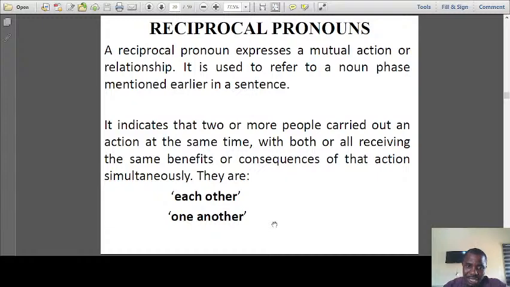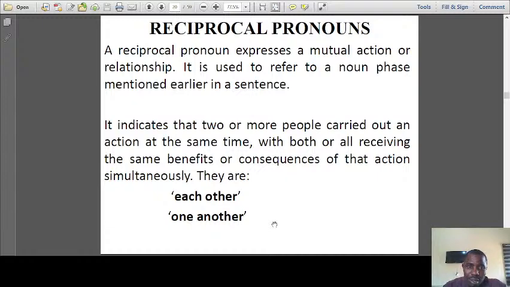Two of them are exchanging actions simultaneously. And instead of saying Uche fights John, John fights Uche, we can say Uche and John fight each other, rather than mentioning Uche and John continuously.